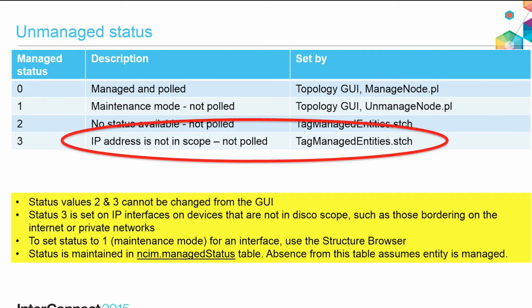So we're not discovering the subnets on the other side of those devices. That means we're not managing. We'll discover the interfaces, but we won't poll them. And this sometimes is not what you had in mind, so you need to be aware of that so that you know they're not going to get polled and make adjustments if you did want to poll them. So we go to the next slide, please.